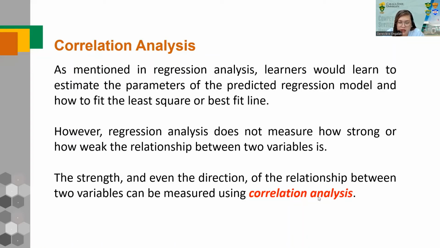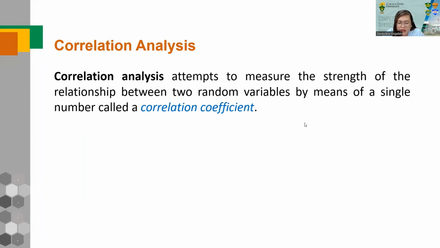So again, kung atong i-determine kung unsa ka strong ang relationship between two variables, ang atong gamiton is correlation analysis. So, ang correlation analysis again attempts to measure the strength of the relationship between two random variables by the means of a single number called the correlation coefficient.